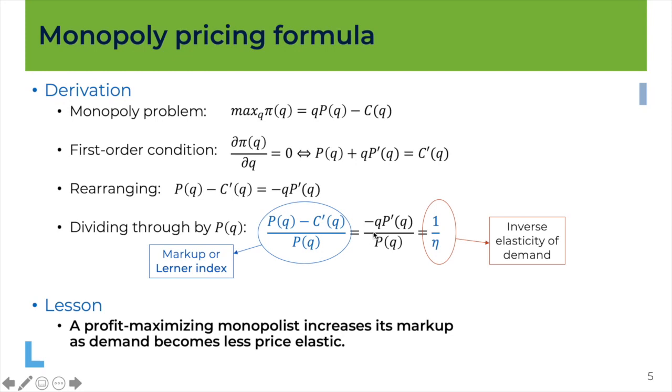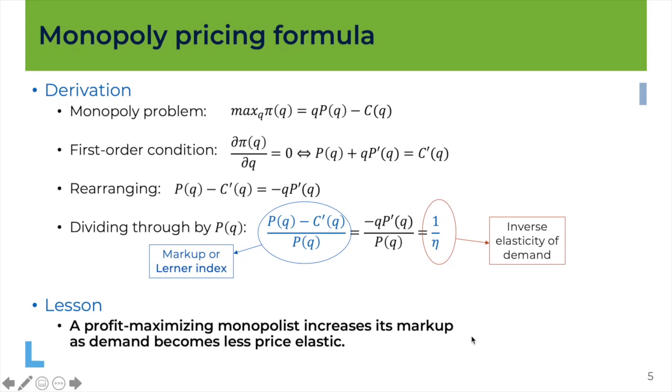And on the right-hand side, and this is why I spent some time on the previous slide to define the elasticity of demand, what we have here is just the inverse of the elasticity of demand, 1 over eta. Okay, so we've established that by solving its monopoly problem, the firm ends up equating the Lerner index, the markup, to the inverse of the elasticity of demand.